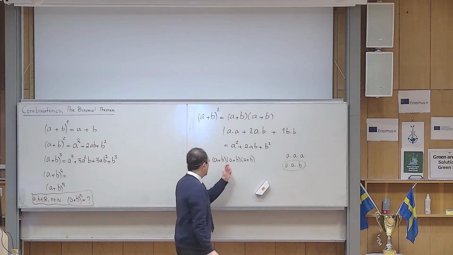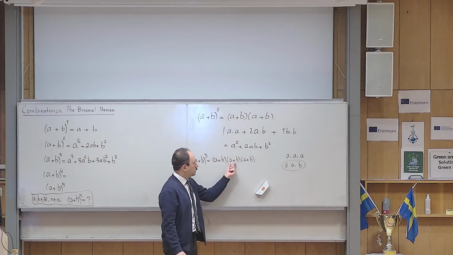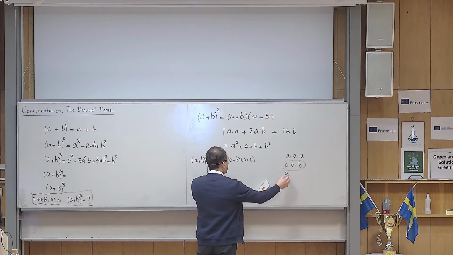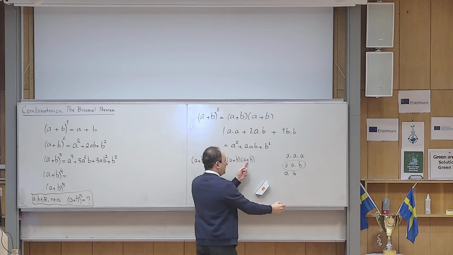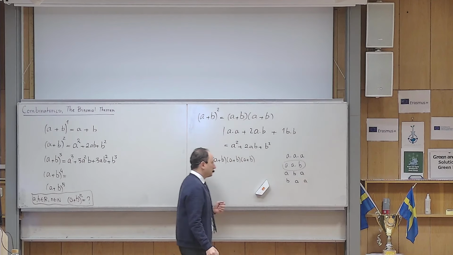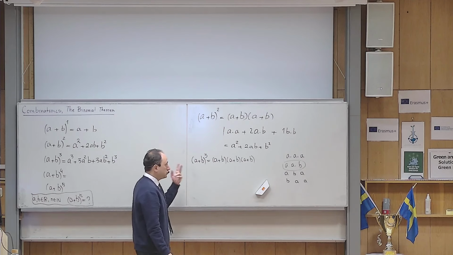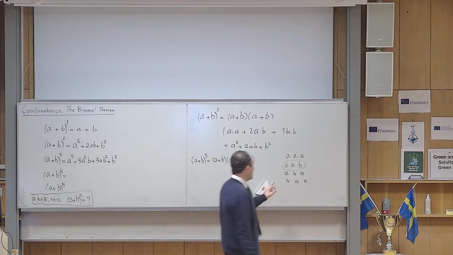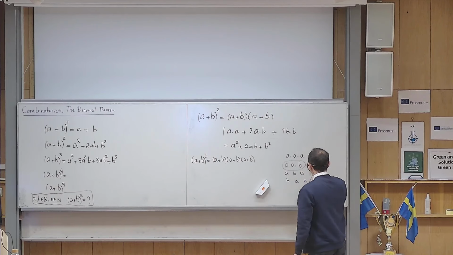Because either I choose A from here, A from here, B from there, or I can choose A from here, B from here, and A from there, or I can choose B from here, A from here, A from there. So if I want to have 2 A's chosen and 1 B chosen, I have 3 options available.